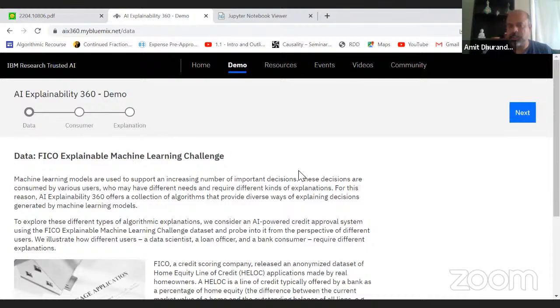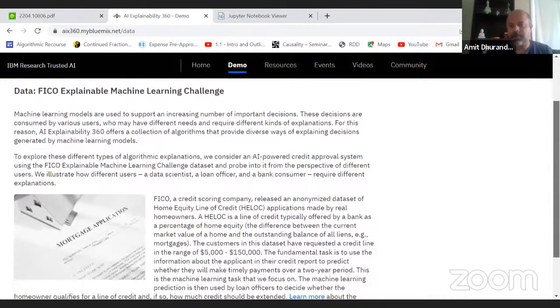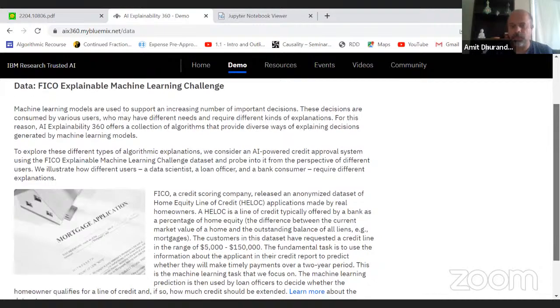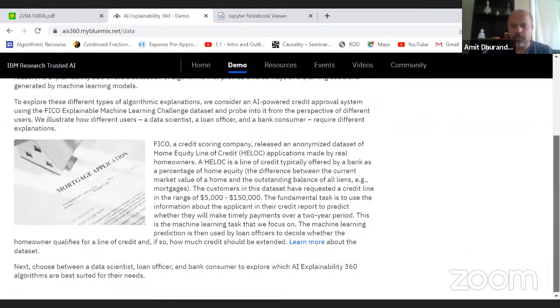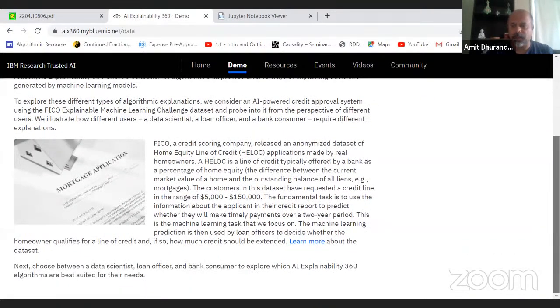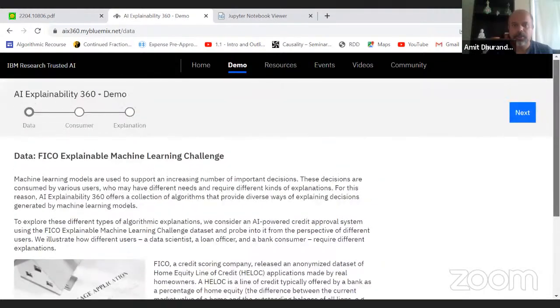That was essentially the data set. They ran a challenge where you had to train some sort of models and explain why certain people were denied a loan and why certain people were approved. This data set is publicly available, but I think you have to send the FICO folks some emails to download it.